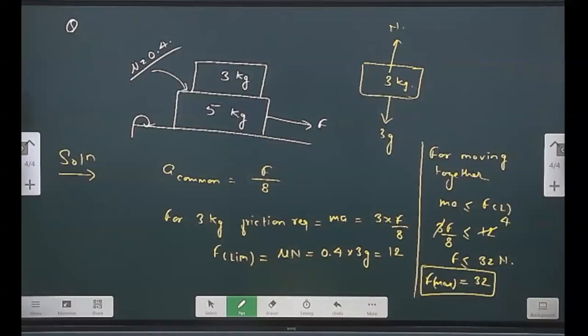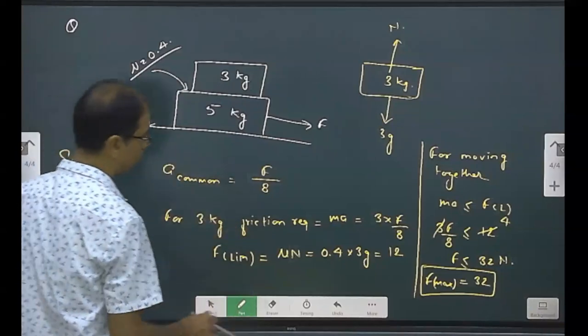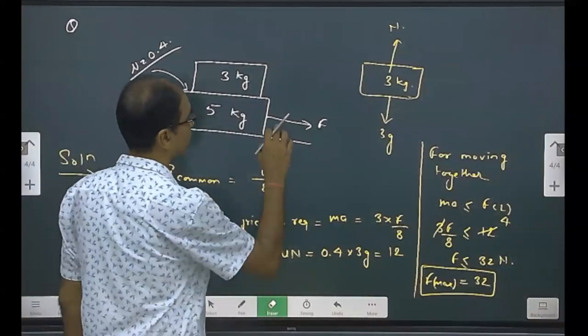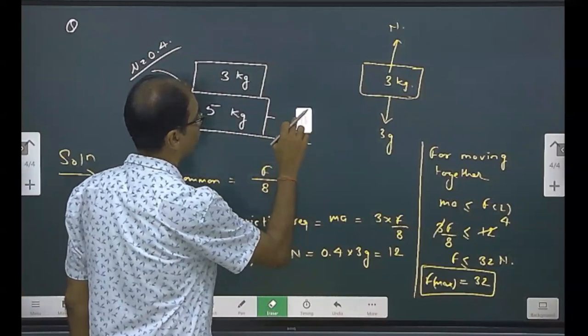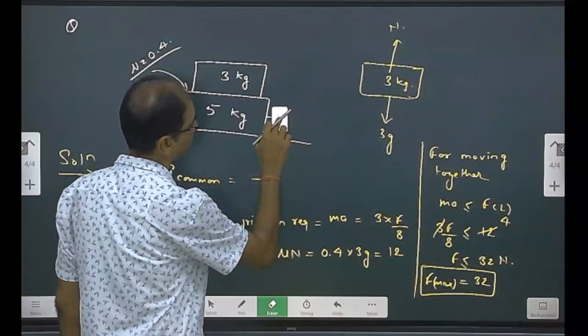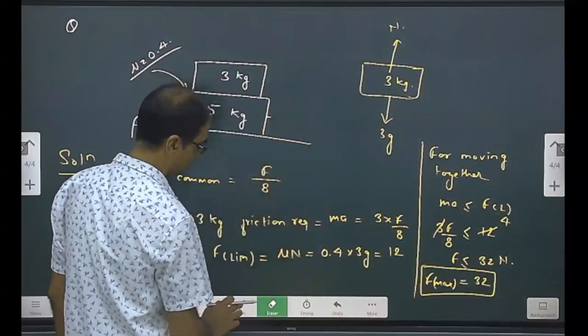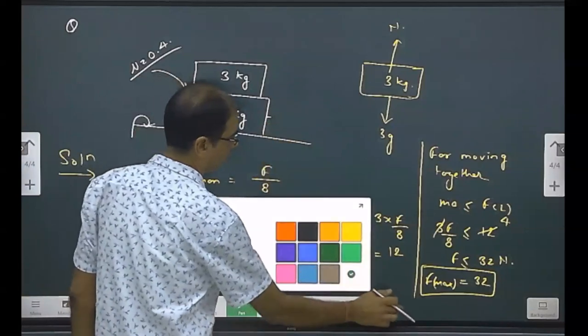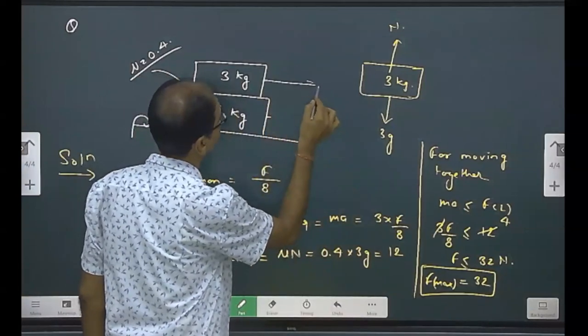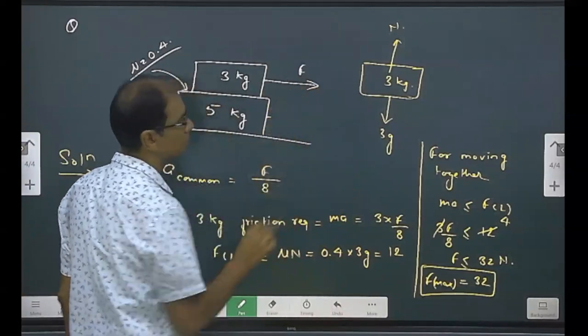Done? Yes, sir. Okay, now in this question itself, the same value, everything setup is same. This force I am going to apply on the top block. The question is same from you. What should be the maximum force so that two blocks can move together?